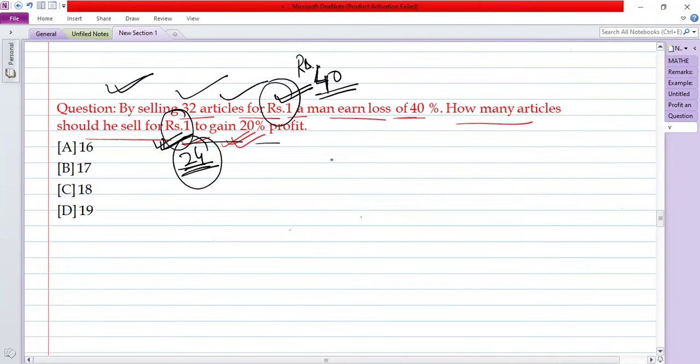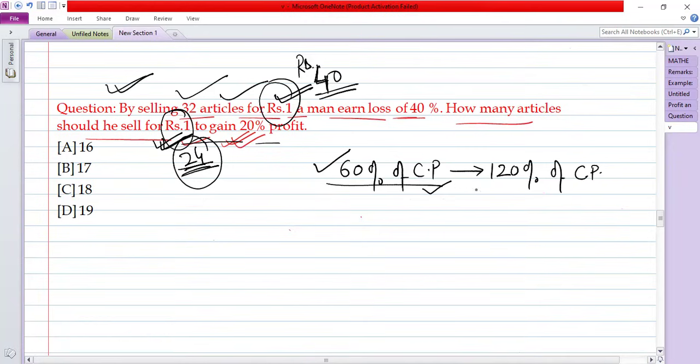So here, actually, I have to go from 60% of the cost price to 120% of the cost price.